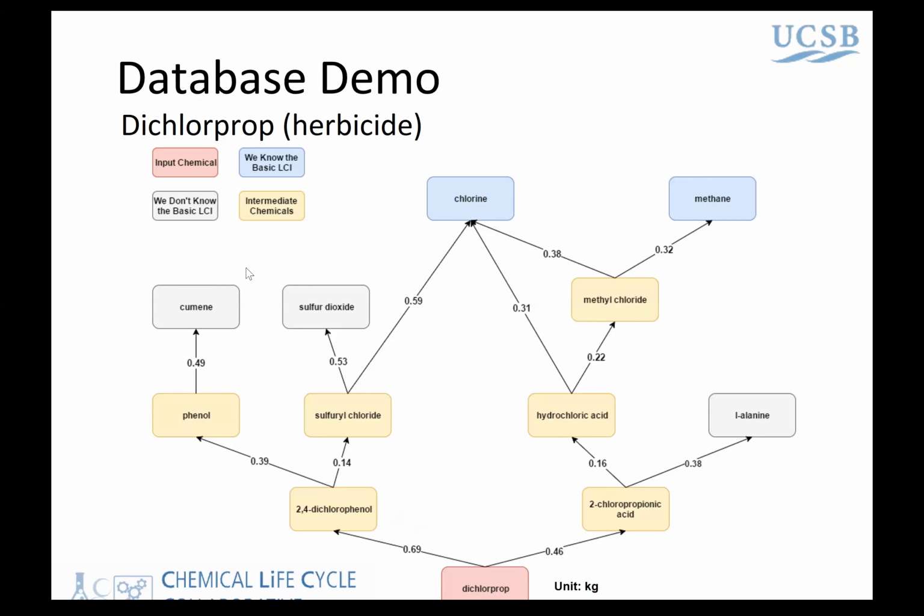I'm sure for cumene and sulfur dioxide, we will eventually have very detailed LCI information. But for this chemical, I'm really not sure, and we will probably eventually assign an average organic LCI for this chemical that is not very commonly used, but is still at the center of our database.